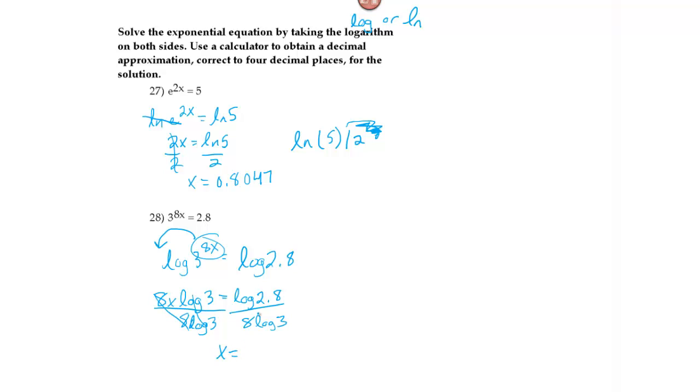Which means x equals, and when you do this, put the bottom in parentheses. So you're going to type into your calculator log of 2.8 divided by open parentheses, because we're starting the bottom of a fraction where we've got more than one thing.